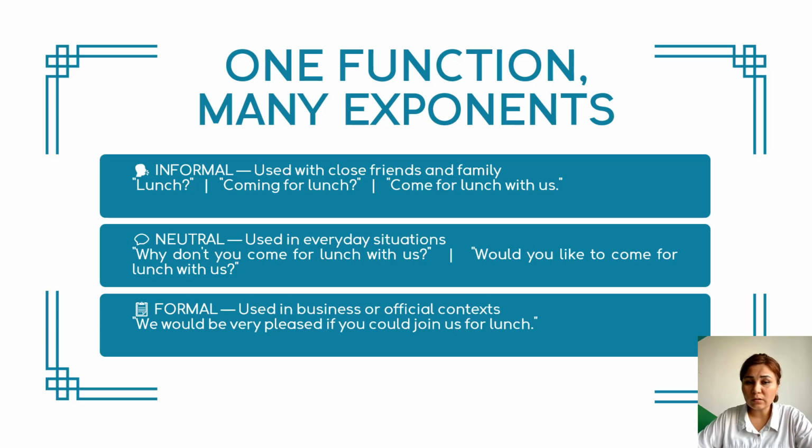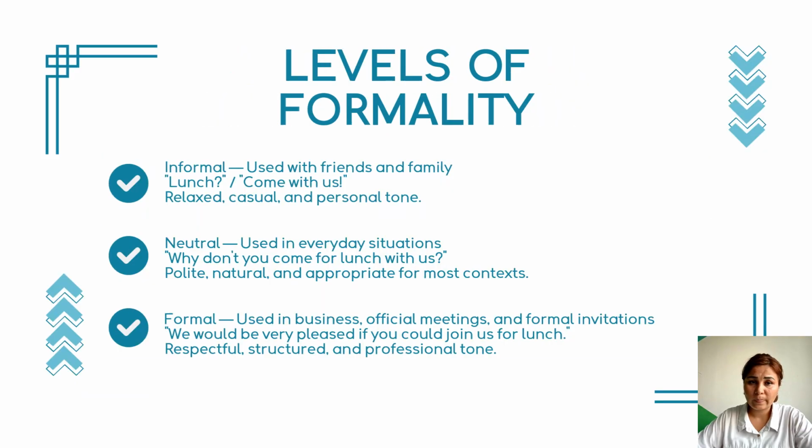But in a business or official context we use this kind of exponent, for example, "We would be very pleased if you could join us for lunch." We can see there are different exponents, but the function is the same, and we have to apply them according to the situation.